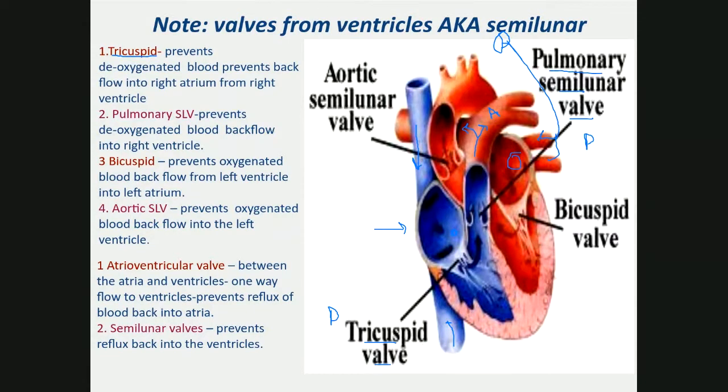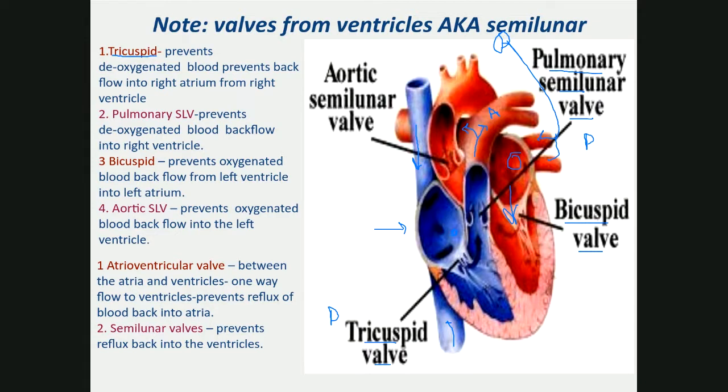So the left atrium, now as you can see in red, has oxygenated blood because it's fresh blood coming back from the lungs. The atria are going to contract and push this oxygenated blood through the bicuspid valve. So the bicuspid valve has oxygenated blood, right?